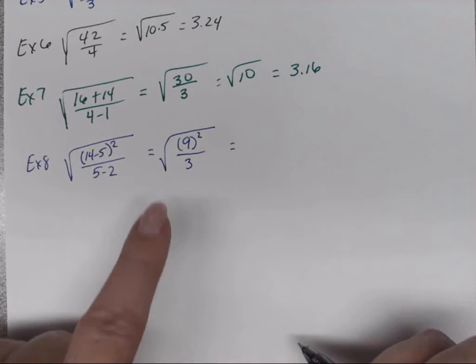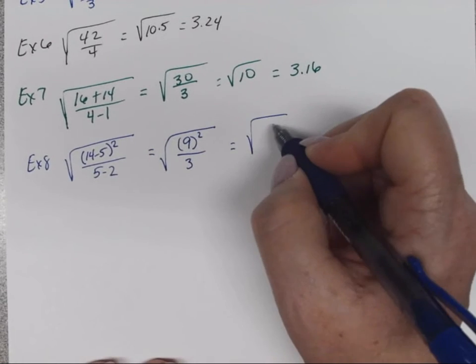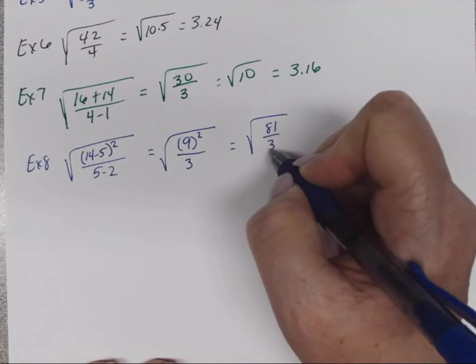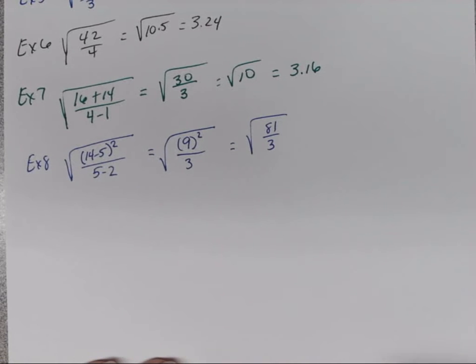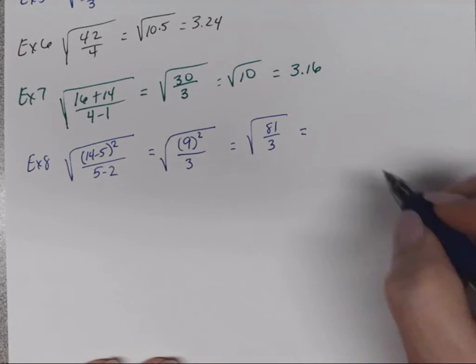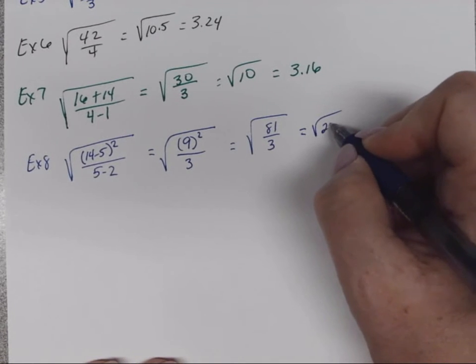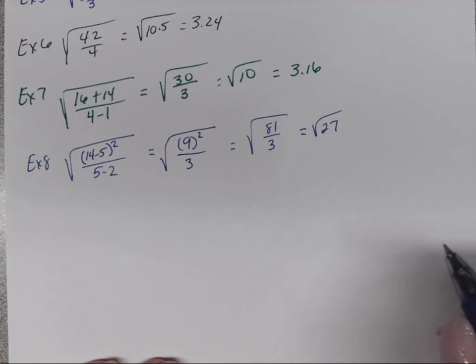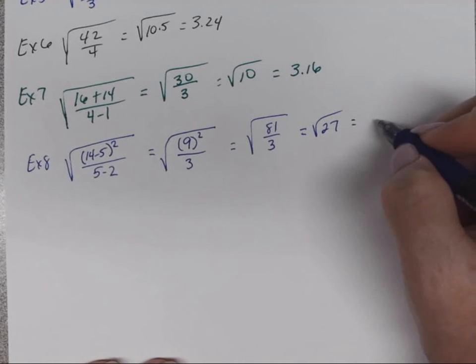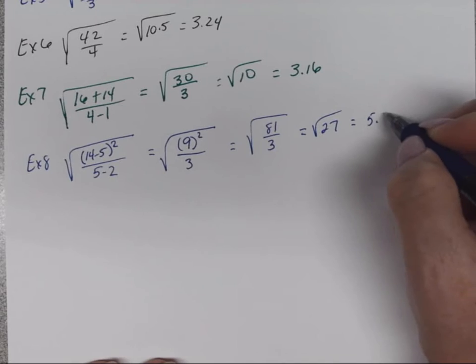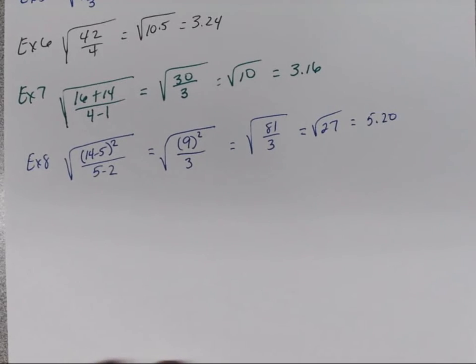So 9 squared will get us 81 divided by 3 still. And 81 divided by 3 would be the square root of 27. If we put that in our calculator, we will get 5.20 because we'll need to round up.